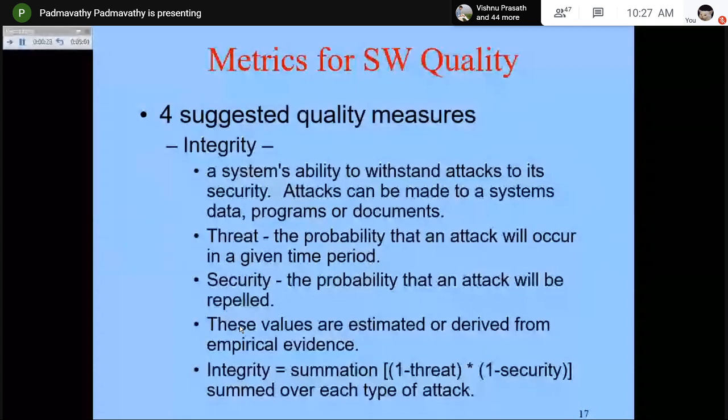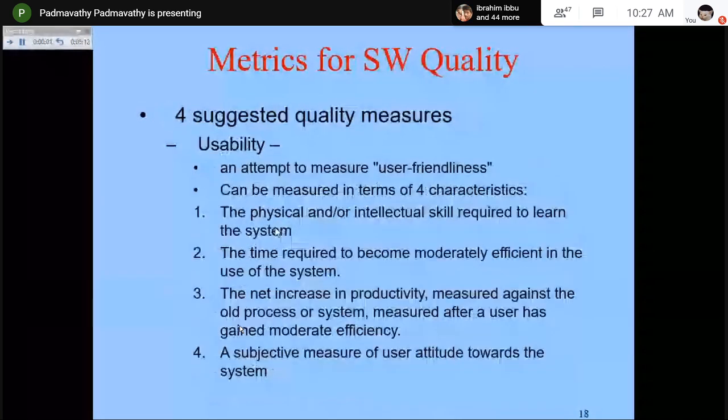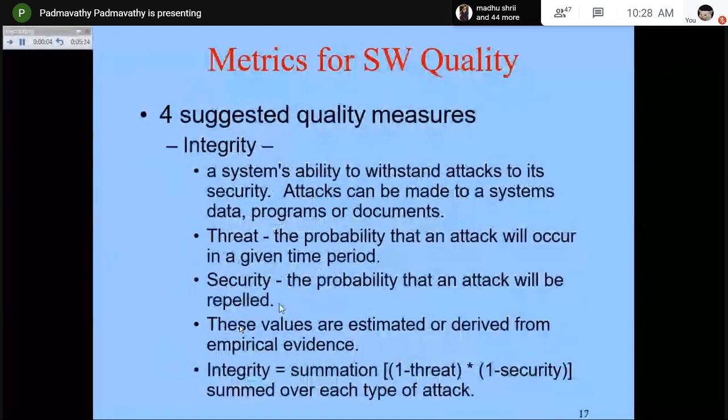The 4 suggested quality measures are, first one is integrity, then usability. These are the basic abilities: integrity, security, and how much lesser threat it has. So what is this integrity?